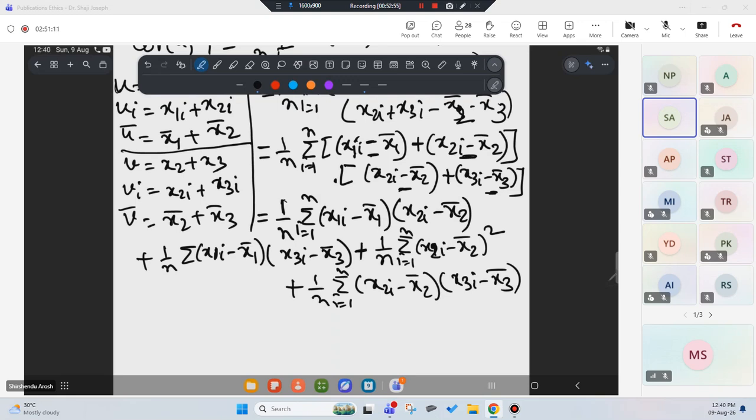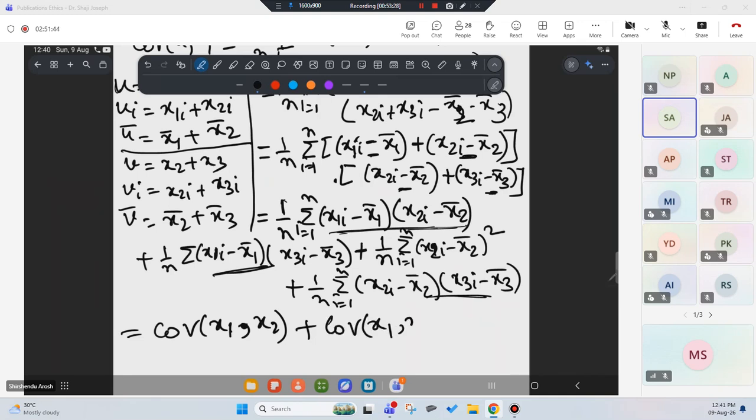Now what are these things? If you concentrate on this particular thing, it is nothing but (xi minus x bar)(yi minus y bar). That particular pattern is also here, also here. This is nothing but the covariance of x1, x2. Second one is covariance of x1, x3. The last one is the covariance of x2, x3.